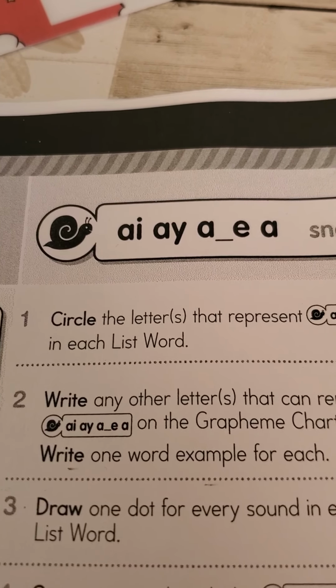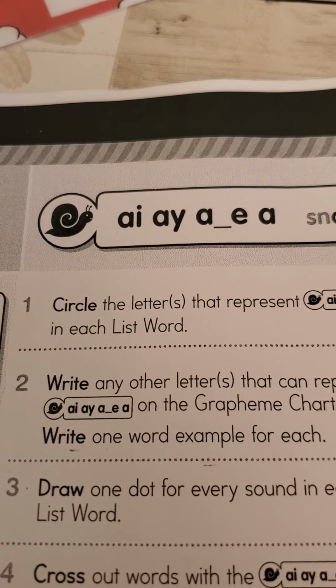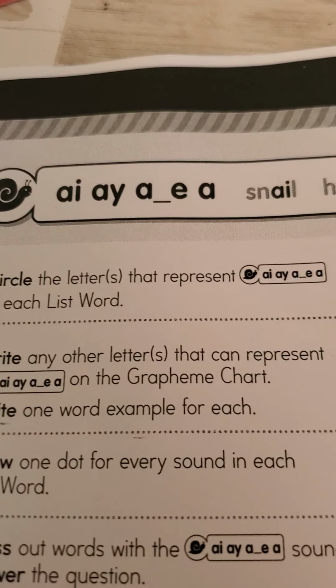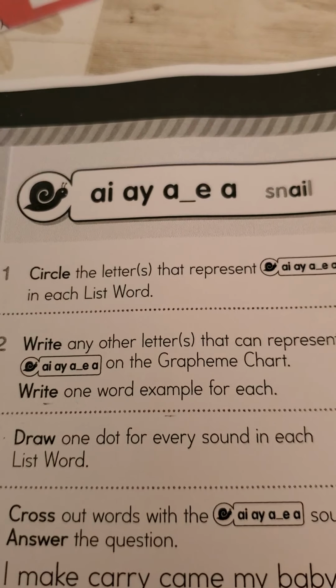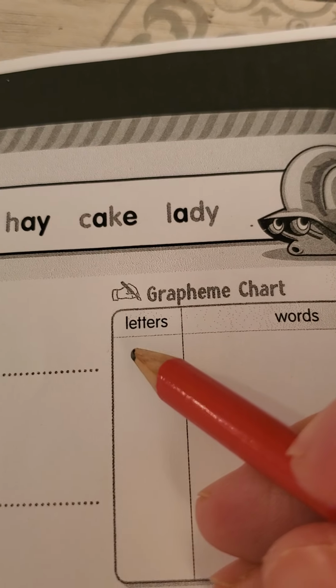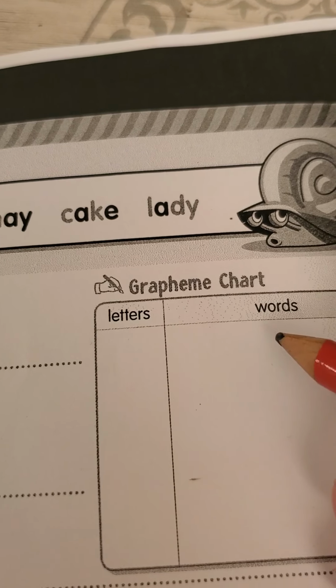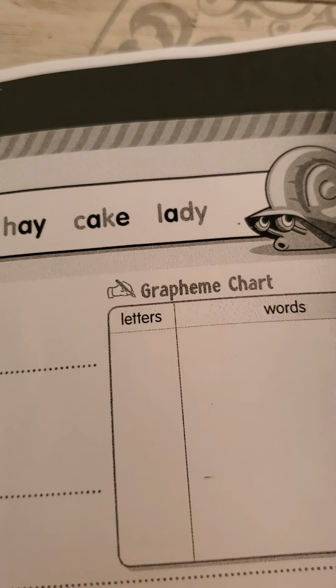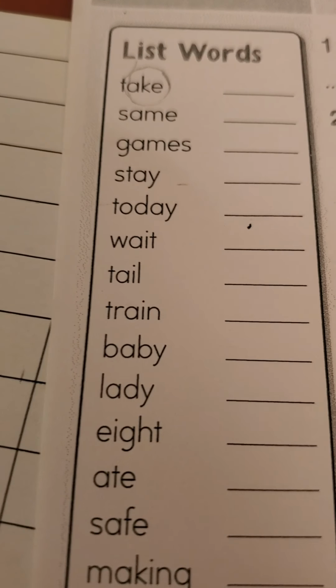So question 2 is what we just talked about earlier there with the word grey. Write any other letters that can represent the A sound and write a word example. So we would go over here, and our A sound was made with EY as well, and the word was grey, GREY. You'll see here with the word eight as well, EI is making the A sound there, eight.